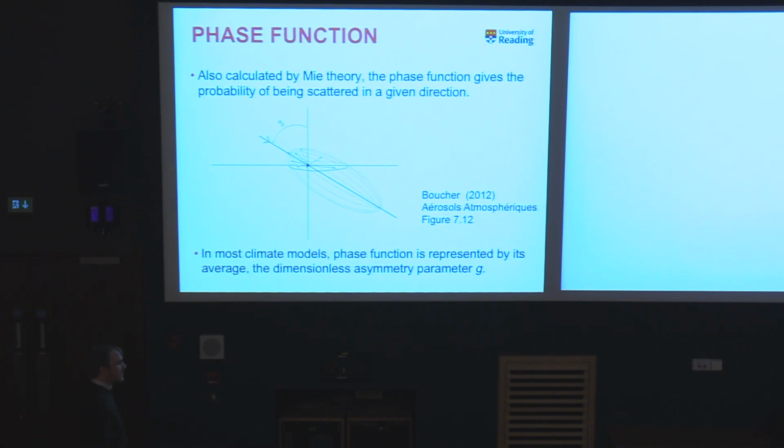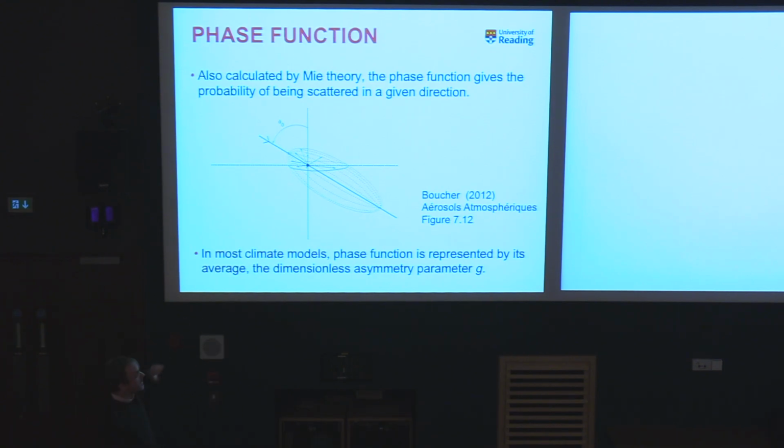One thing that we also need to know is in which direction the photon is scattered. And that's essentially a probabilistic framework. So Mie theory allows us to compute what's called the phase function, and it gives us the probability for a photon to be scattered in a given direction, which is described by the scattering angle between the direction of incidence and the scattered direction.